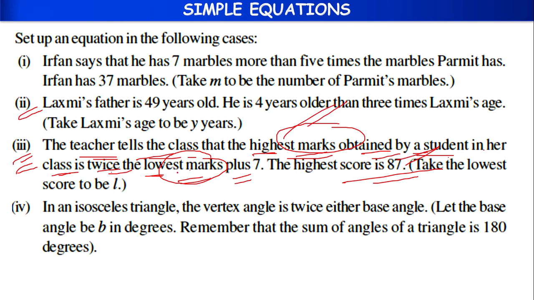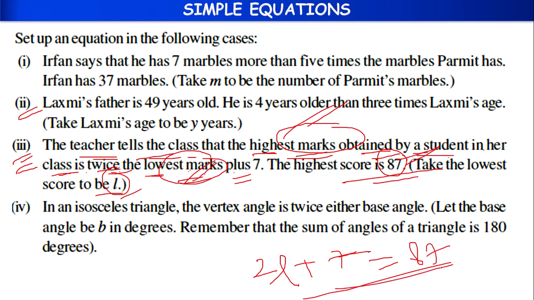Let us assume the lowest marks is L. Twice the lowest marks means 2L, twice the lowest marks plus 7, 2L plus 7 equals highest marks, which is 87. So this is the equation.